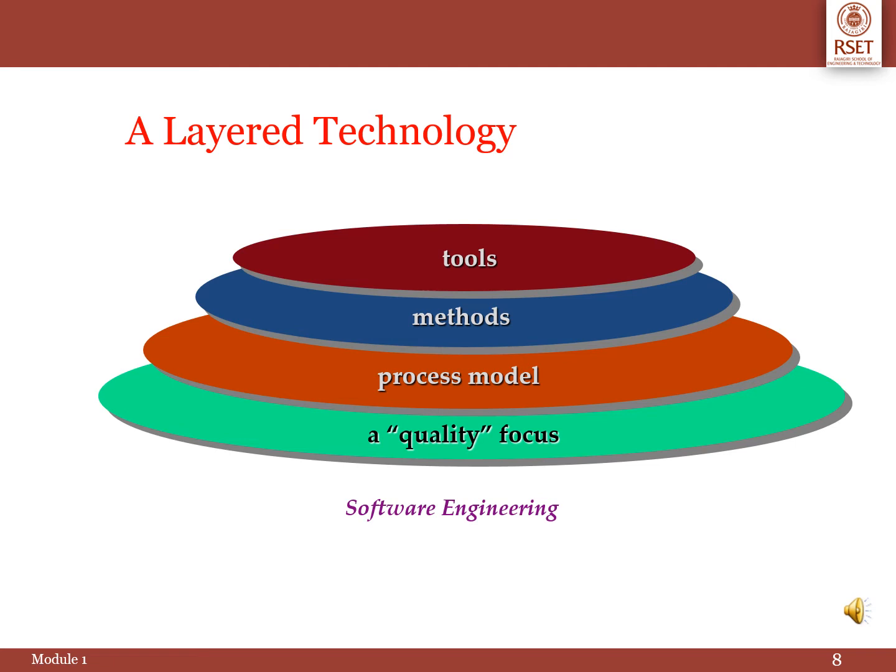The method encompasses a broad array of tasks that include communication, requirement analysis, design modeling, testing, and support. And the topmost layer is the tools. Software engineering tools provide automated or semi-automated support for the process and the methods.